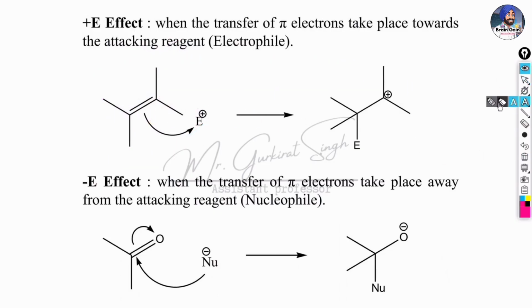Now in 2,3 dimethyl butene, the carbon environment is similar. Take a look at this carbon, its environment contains 2 carbons, and on the other hand the left carbon also contains 2 carbons joined to it.